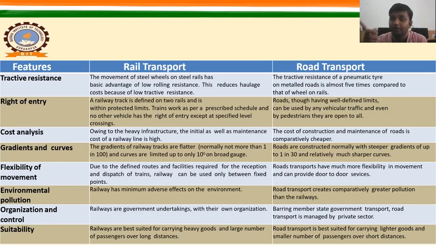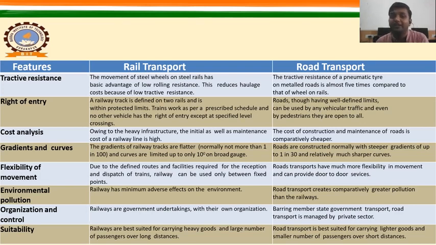But when the pneumatic tire rolls on the metal road, due to the tractive resistance there is more cost of haulage. In rail transport, this reduces the haulage cost because of low tractive resistance. But here, the more the tractive resistance, the more the haulage cost. So the first feature is related to tractive resistance.